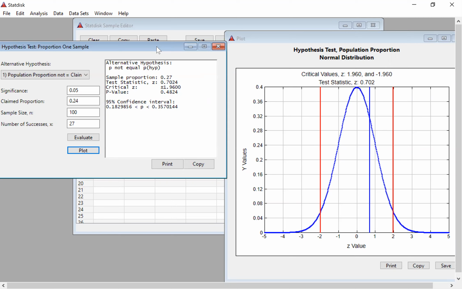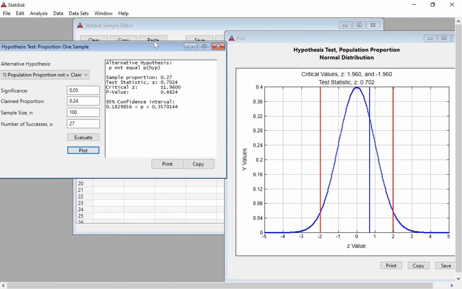This is a result that's very consistent with what we claim to be true, and we're going to see that play out in what our conclusion is. So our test statistic was Z equals 0.702. And again, Z and T, how many standard deviations away from the claim was your sample result.